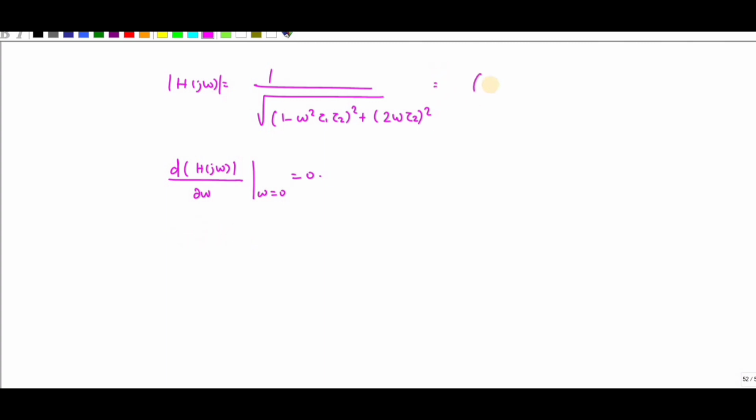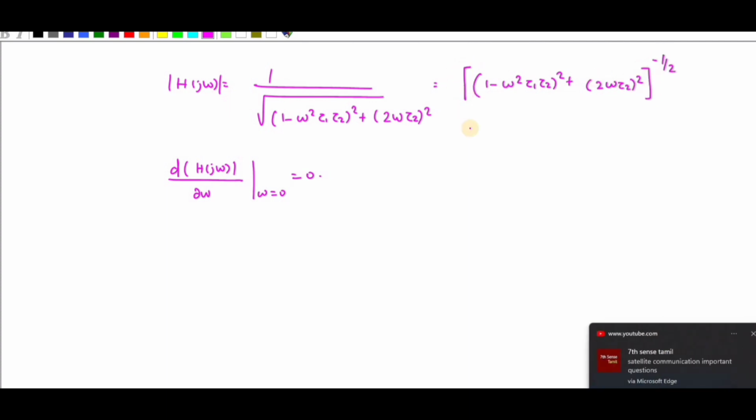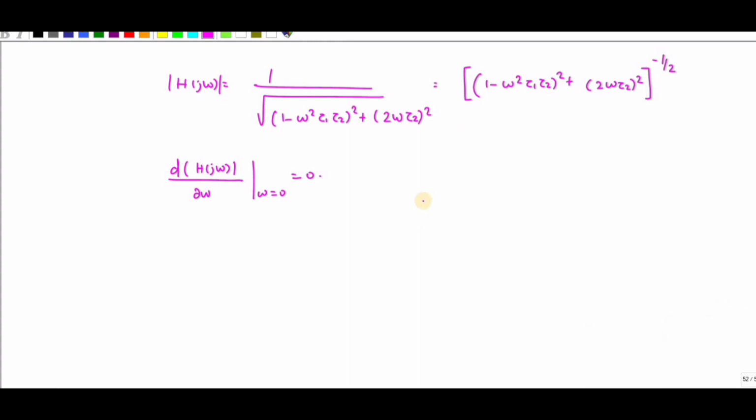This I can write as 1 minus omega square tau 1 tau 2 the whole square plus 2 omega tau square whole square, raised to minus 1 by 2. If I differentiate this, 0 is equal to minus 1 by 2 times 1 minus omega square tau 1 tau 2 the whole square plus 4 omega square tau square.